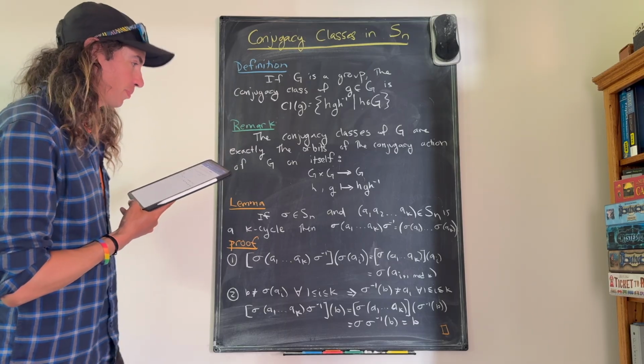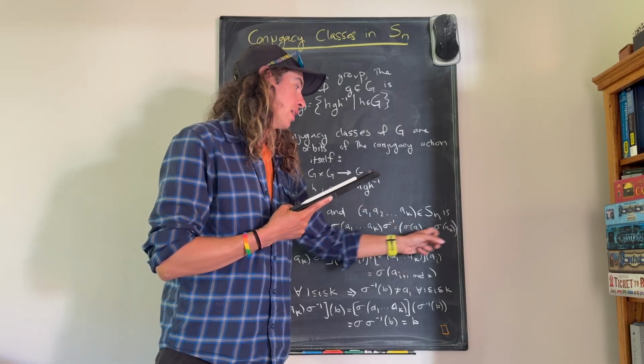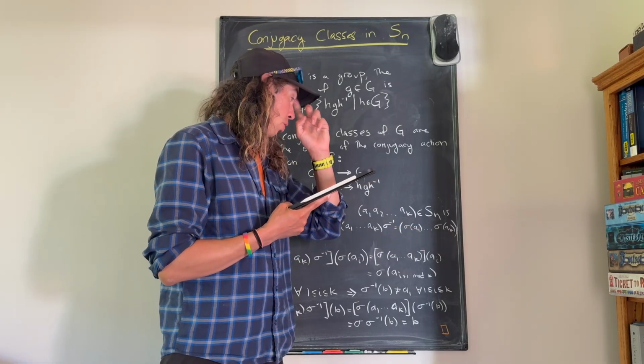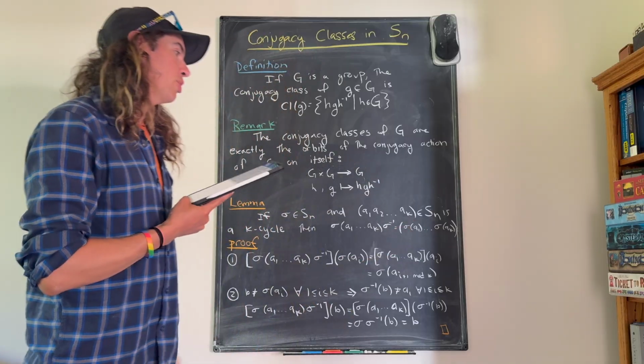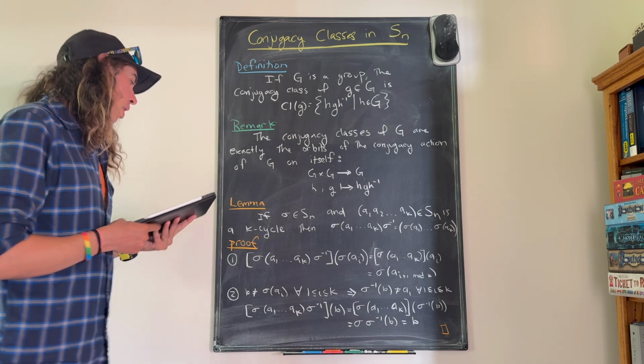So sigma of a1 may not be the smallest number here, but you can cyclically move it around so that the smallest number starts at the beginning.